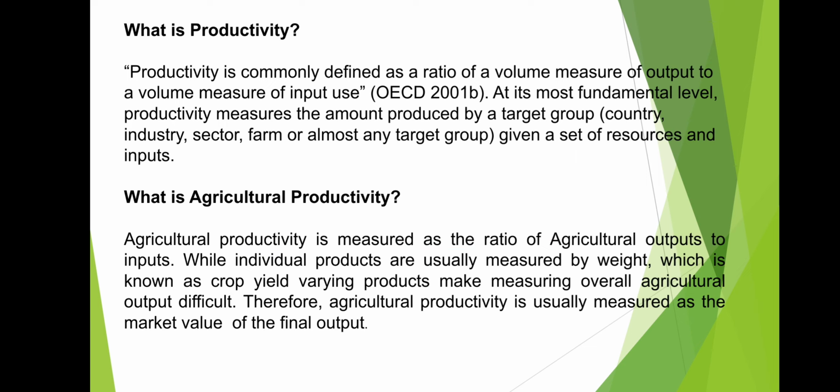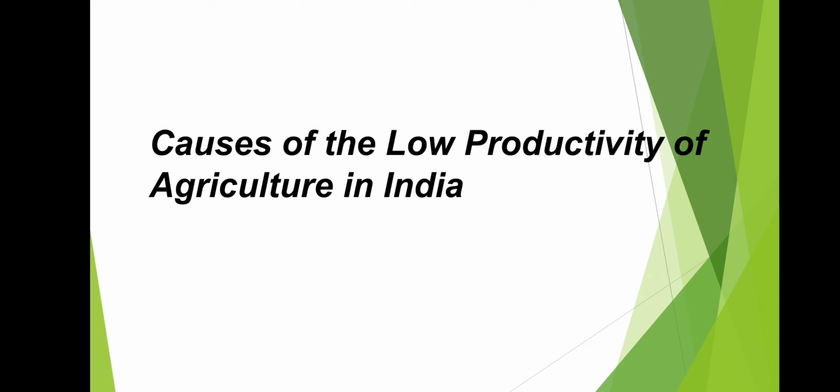But if we see agricultural productivity per hectare, this per hectare cultivation of crops is normally less in India. In that scenario we say that agriculture productivity in India is low.